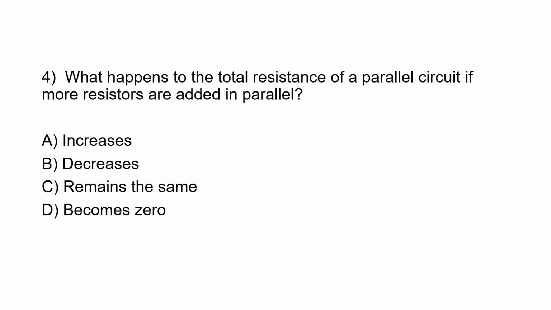What happens to the total resistance of a parallel circuit if more resistors are added in parallel? If more resistors are added in parallel, the total resistance decreases, because 1 by R equivalent is equal to 1 by R1 plus 1 by R2 plus 1 by R3, and it goes on like that. If you consider the example of just two resistors, R equivalent will be equal to R1 R2 by R1 plus R2.